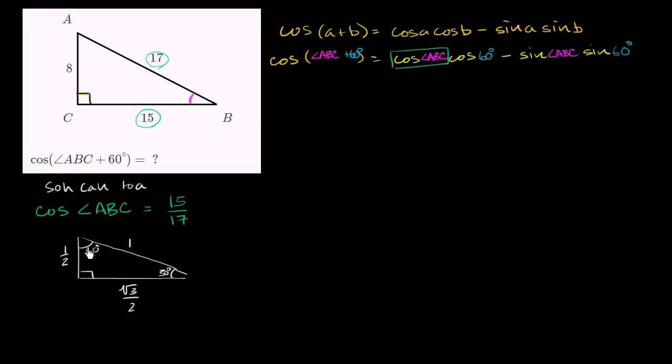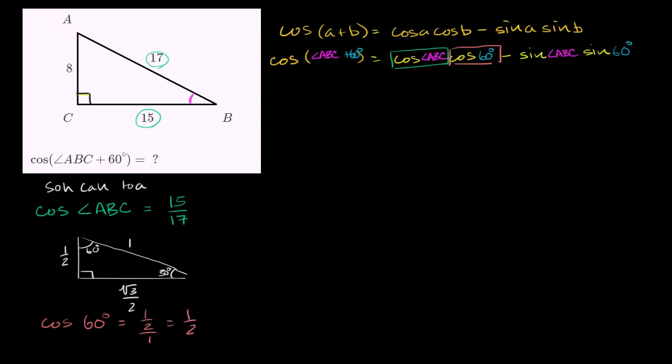So the cosine of 60 degrees, if you're looking at this side right over here, let me write it in a color I haven't used yet. So I care about the cosine of 60 degrees. The cosine of 60 degrees is going to be equal to, once again, adjacent over hypotenuse, 1/2 over 1, which is equal to 1/2.